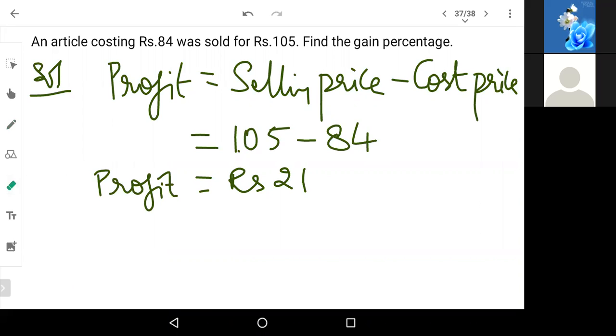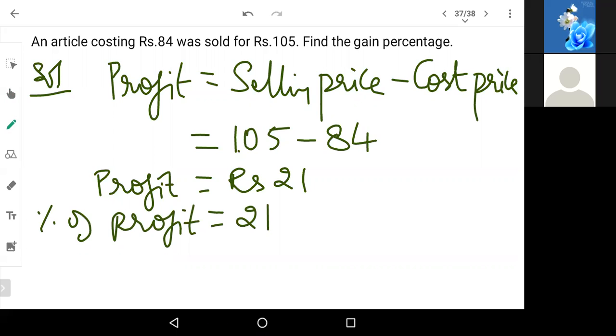But if you see the question carefully, they have asked us to find the gain percentage. Correct. Profit is 21. Everybody is right. Now we also have to find out the percentage of it. Okay. So we understood how to find the profit. Now let us understand how to find the percentage of profit. So percentage of profit is nothing but 21, the profit, divided by what was the cost price? 84 into 100. Good. 25%.